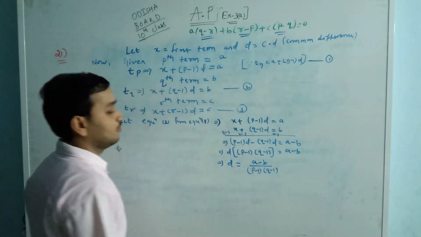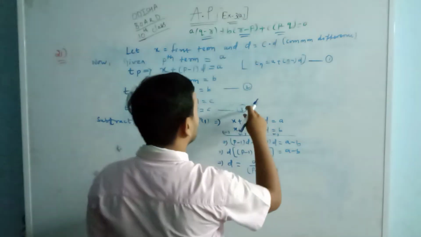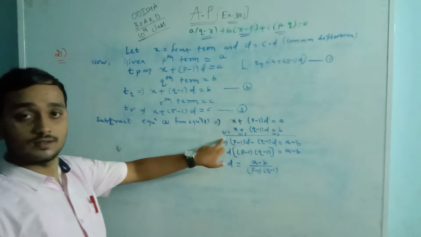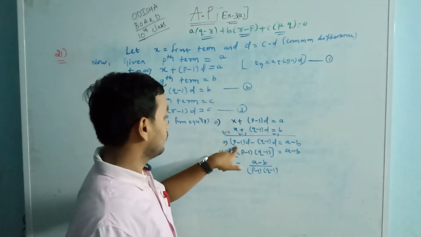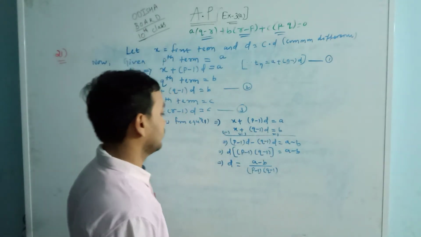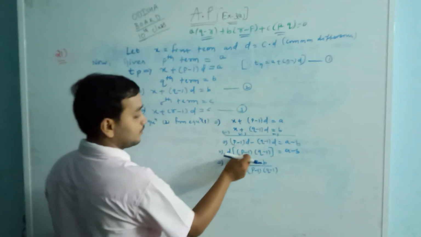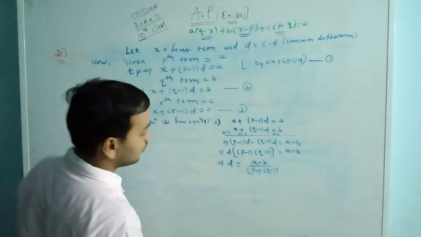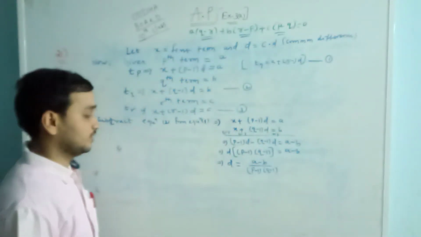Q minus 1. Okay, see, this is equation 2, equation 1 to Q minus 1, P minus 1, subtract. After that what we get? P minus Q, D minus Q minus 1 into D, then A minus B. Okay, see, D, P minus D take common, P minus D minus, this is the wrong, actually we multiply that.